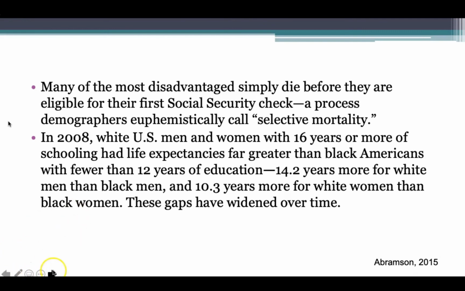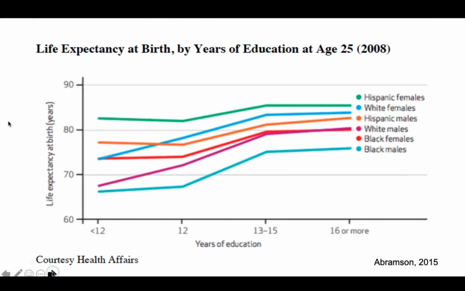And the gap between those groups has been getting wider over time. But this chart from the same article looks at some of those differences. Life expectancy at birth based on years of education when someone is 25 years of age, or how much education they have at age 25.